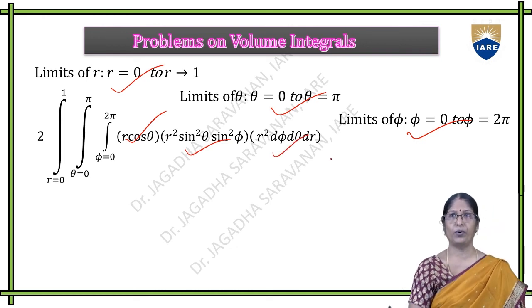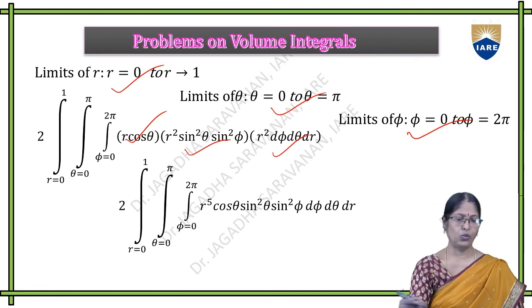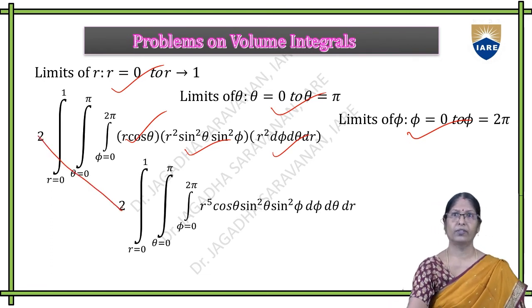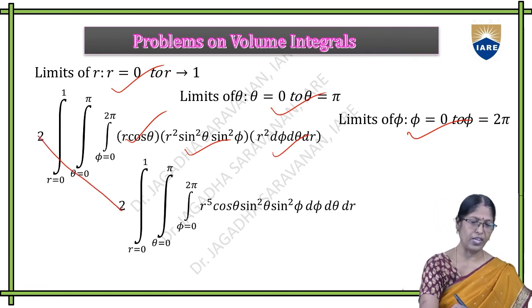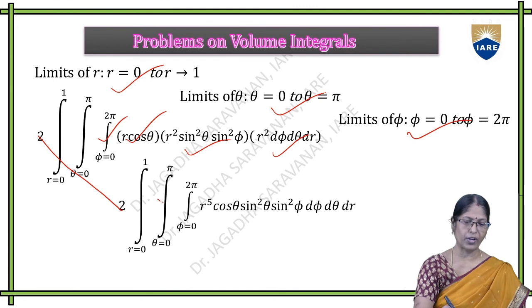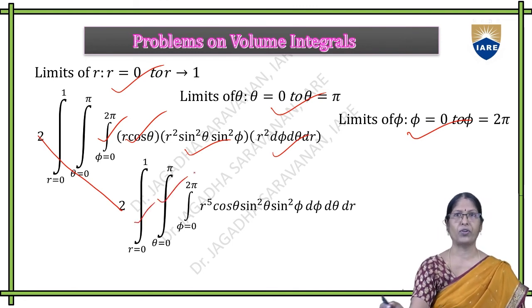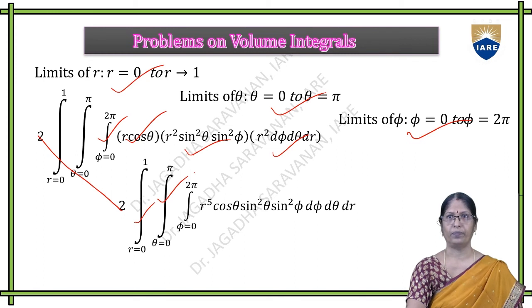The Jacobian of dx dy dz we obtained as r square sin theta d phi d theta dr. So we keep the 2 as it is, and the interior integration is phi from 0 to 2 pi, the middle integration is 0 to pi, and the outermost integration is 0 to 1.